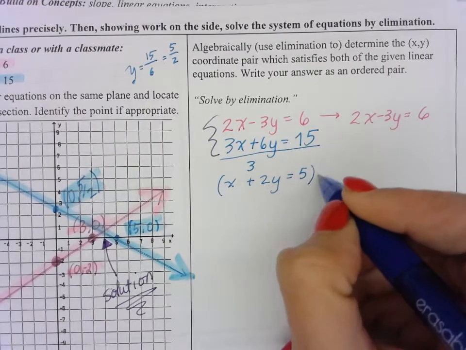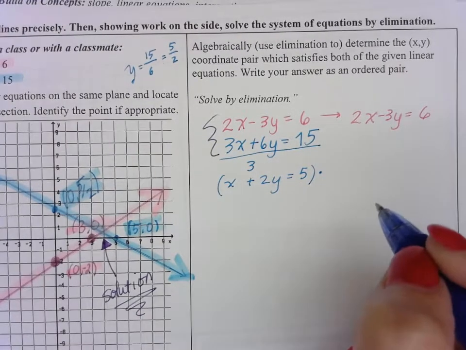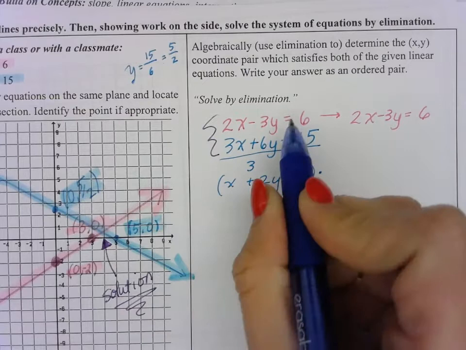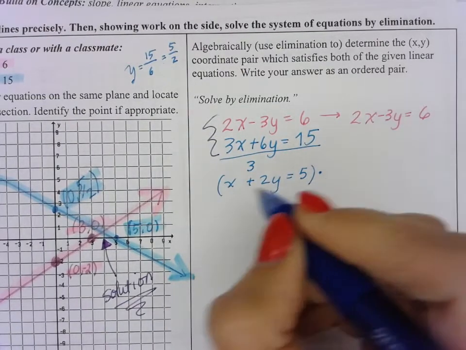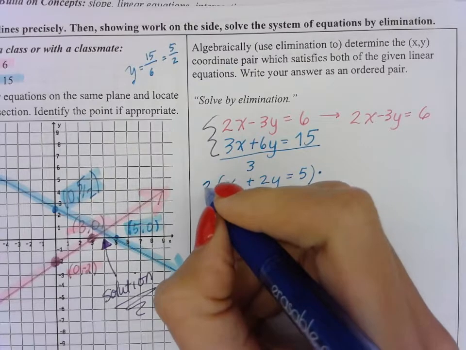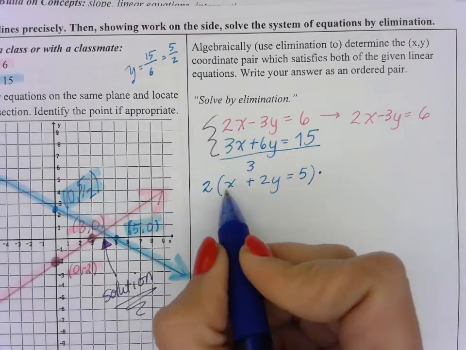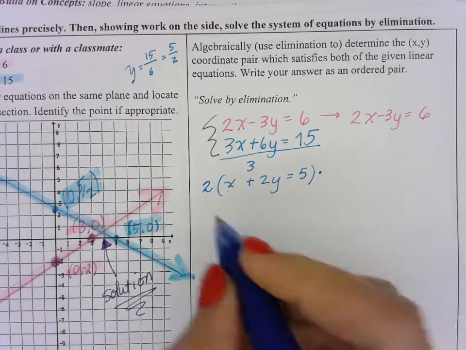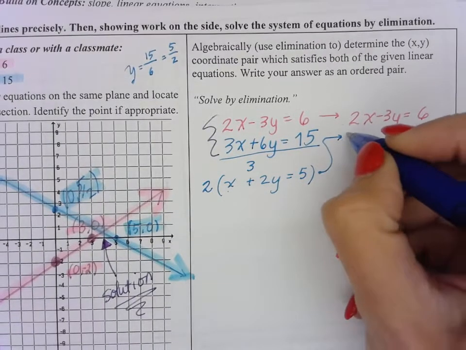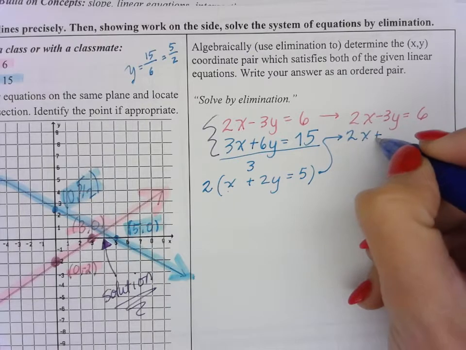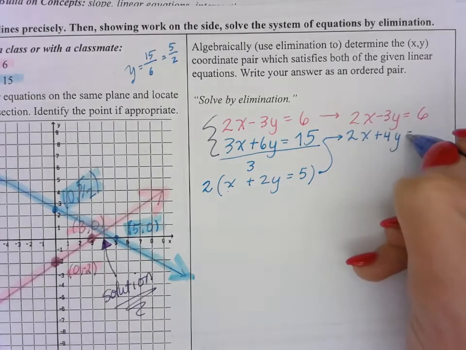And then I'm going to multiply by, I don't remember what I said I wanted to multiply by. I guess I can multiply by 2. So then I get a 2x in front of there. If I multiply by 2, I get 2x plus 4y is 10.